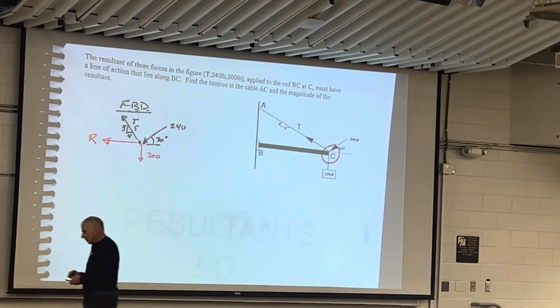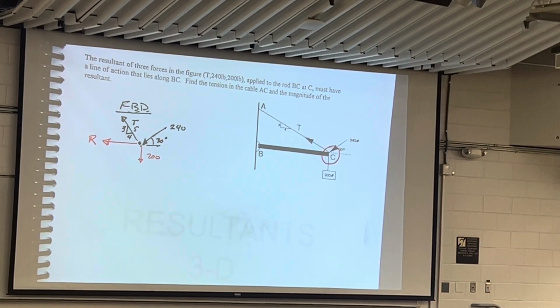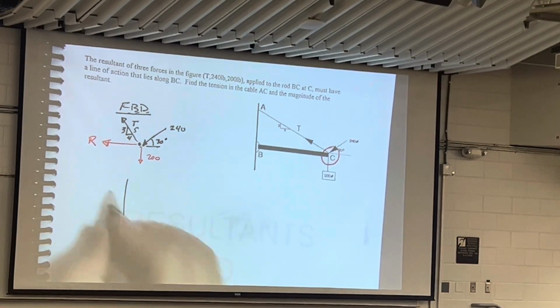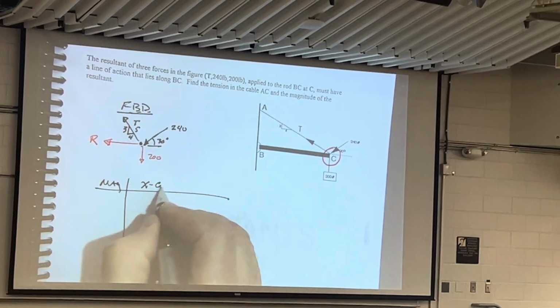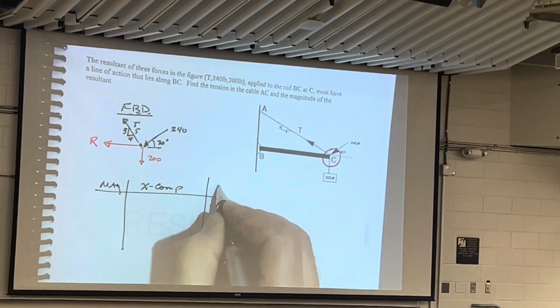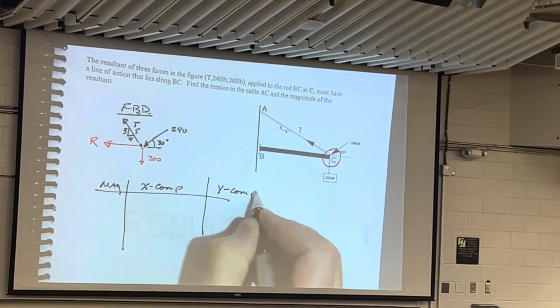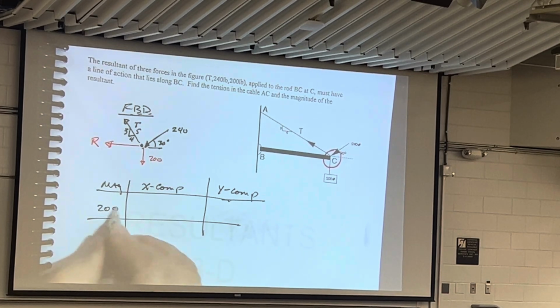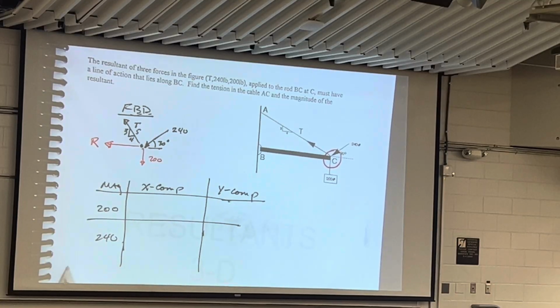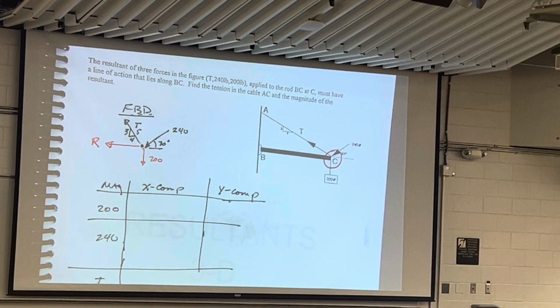Okay. Find me a resultant. Well, I'm going to do components: magnitude, x component, y component. This is 200. That's 240. That's T. I'm going to sum this, and I'm going to sum that.